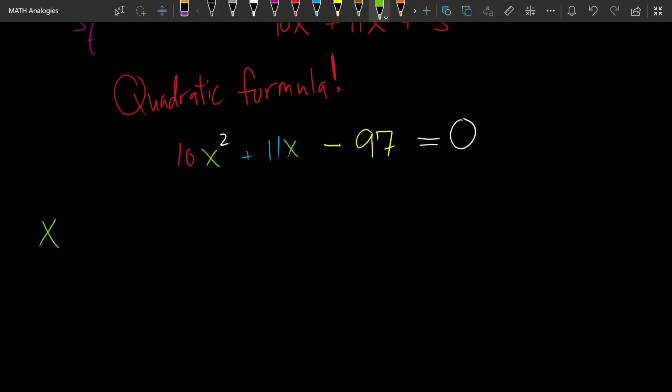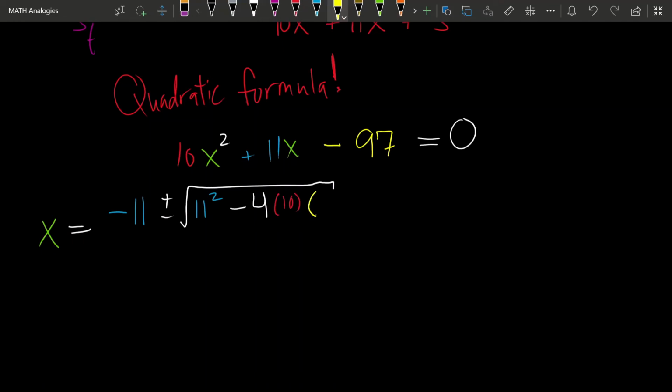That is, x is going to equal negative 11, negative the blue number, so negative 11, and then plus or minus the square root of that blue number squared, and then minus 4 times the red number and the yellow number.